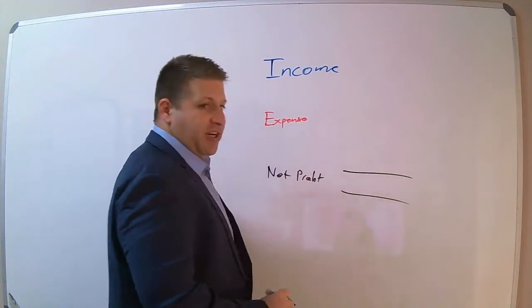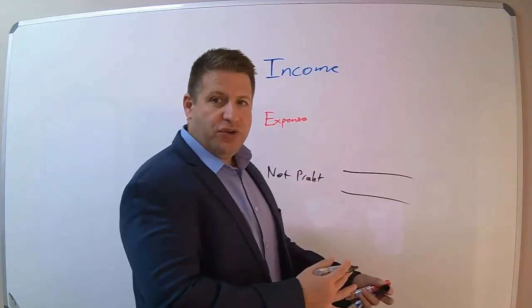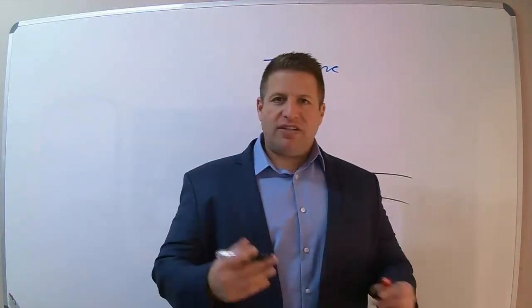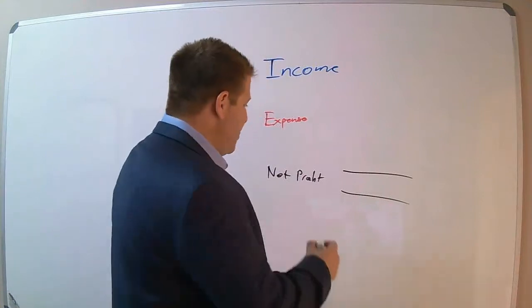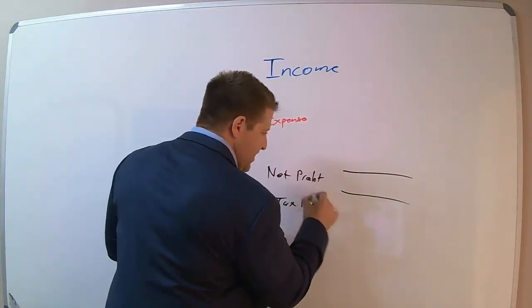You're going to get to a net profit if there is tax. Now, depending on what vehicle you are using, is it a company, is it a trust, is it a sole proprietor, depending what you're using, there will be a tax rate.